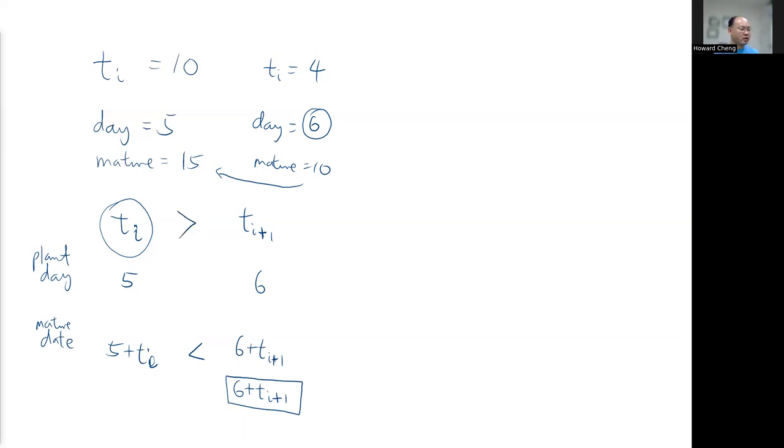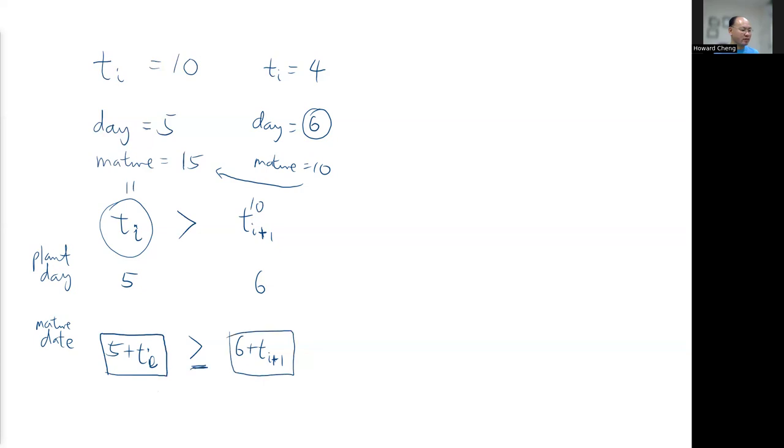if it was the other way around, it may be this way, because these are integers. Because these are integers, if, for example, this is 10, then this has to be at least 11. And when I add them up, this is actually going to be bigger than or equal to this.